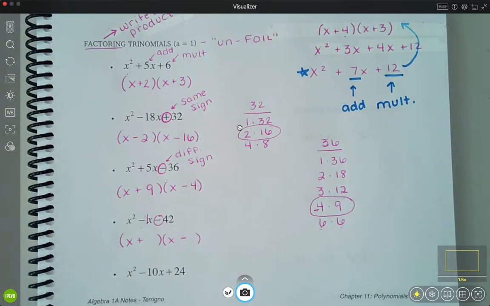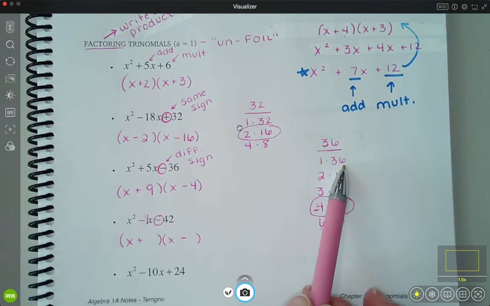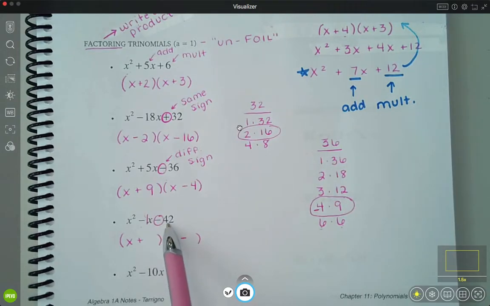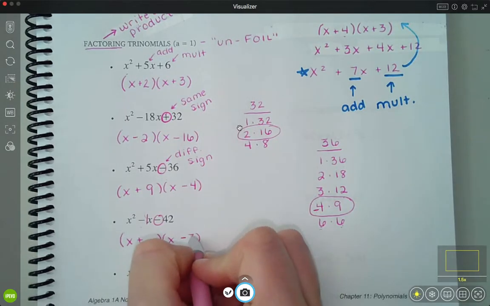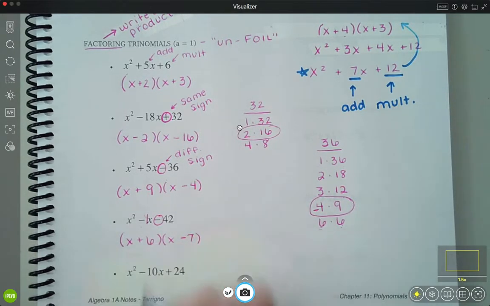And for some reason in this situation, people always want to do like 1 times whatever the number is. But that's not going to add to make 1. Really what we're looking for is two things that multiply to 42 that are just one number apart, and that would be 7 and 6. And then I want to make sure that the 1 works out to be negative, so that would be with a negative 7 and a positive 6.